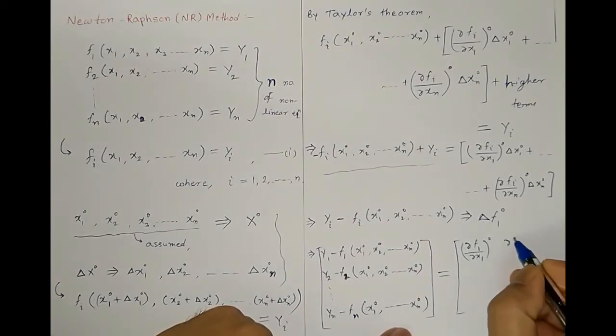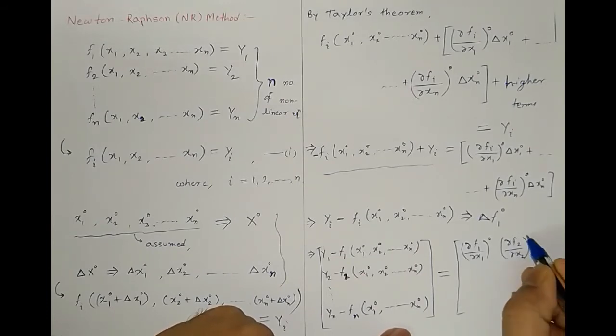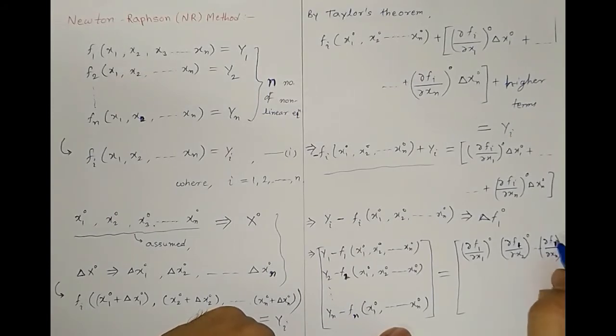Second column, del f2 by del x2 in the zeroth iteration, and so on. Sorry, this will be del f1 by del x2, del f1 by del xn in the zeroth iteration.